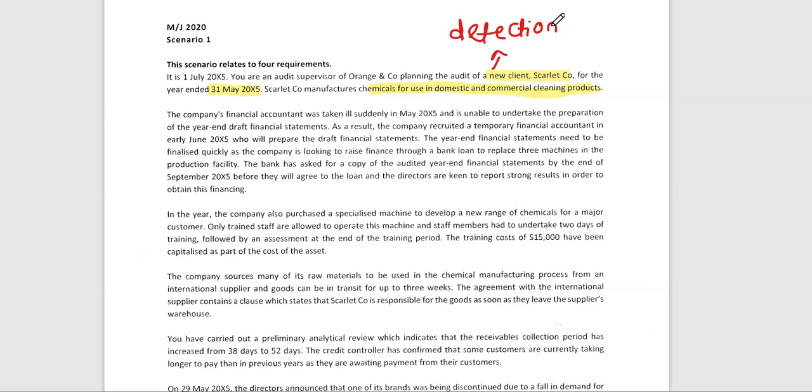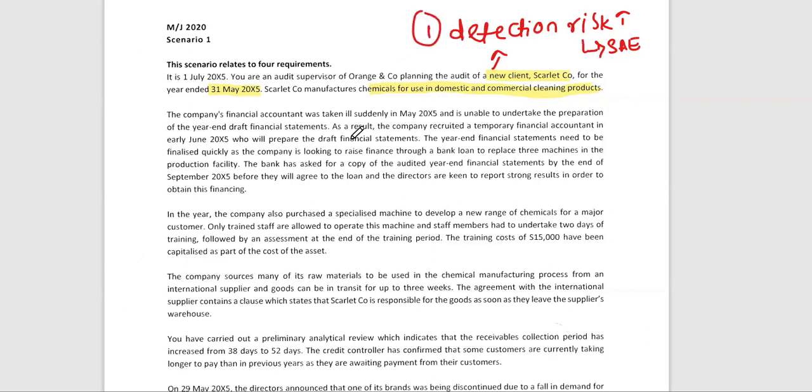So that's why our detection risk will be increased. Whenever there is detection risk, you know that it is on the part of auditors, okay? So the auditor will need to obtain more sufficient appropriate audit evidence by implementing audit procedures. So this was the first risk that we identified here.